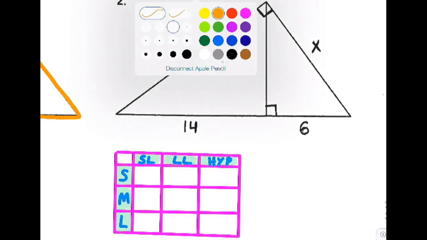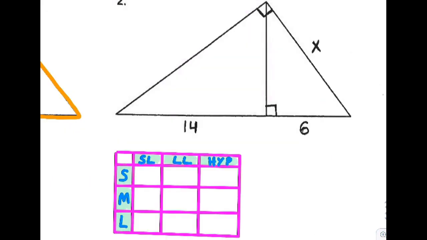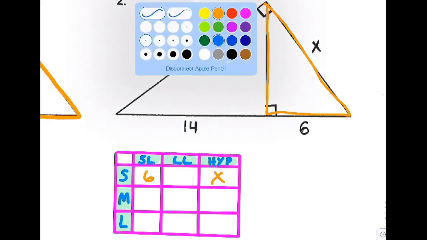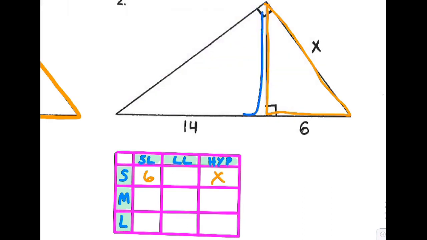Now we have number 2. I definitely see that the small triangle again has two things labeled. So I have the short leg of 6 and the hypotenuse of x. I don't know the long leg. And if you look at the medium, I don't know anything here, so it's not medium.